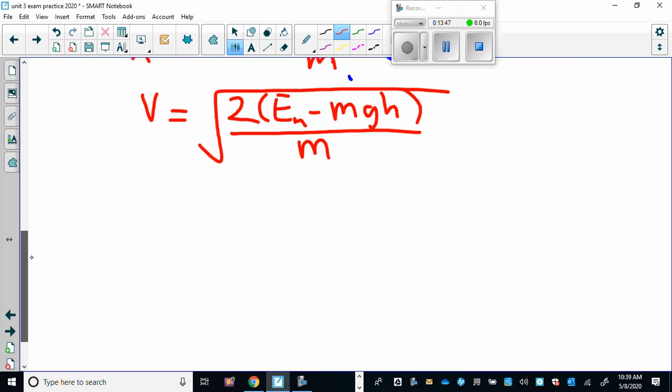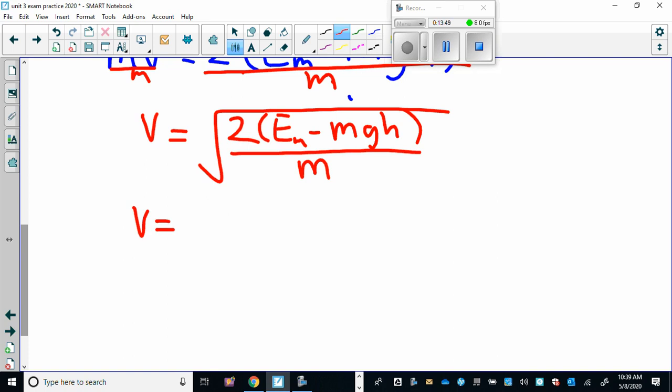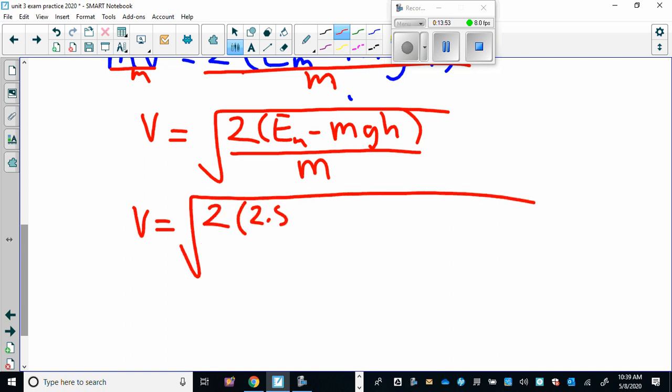So I'm just going to do that. V equals the square root of 2 times 2.58 E3. Oops, don't put a bracket there. Minus, and then make sure you put this whole thing in brackets, the mass. What was the mass?